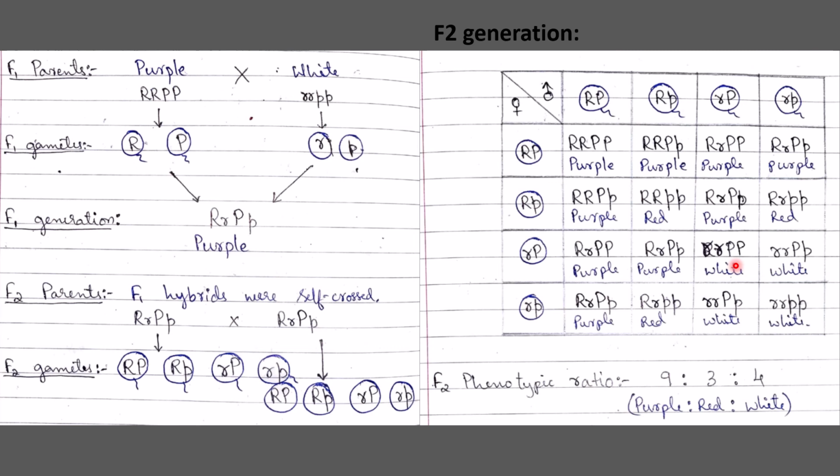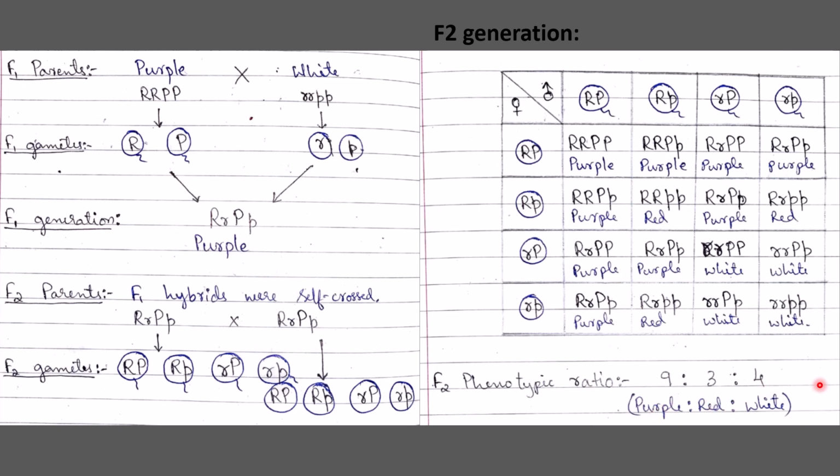So the supplementary gene cannot supplement the recessive allele r here. Though they are present, they have no effect on the recessive alleles. So the white color is produced in all these 4 genotypes. That is how we have the F2 phenotypic ratio 9:3:4 with the phenotypes purple to red to white.